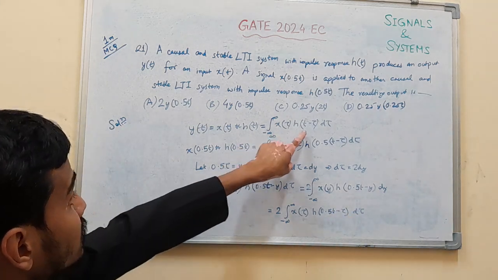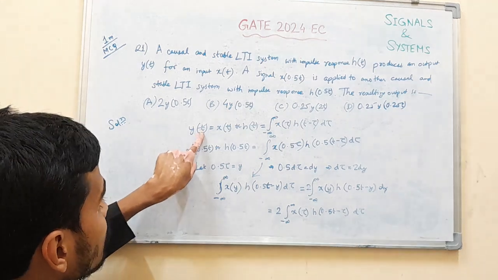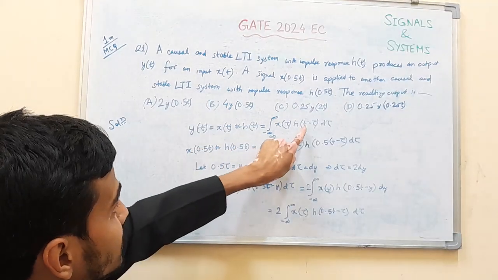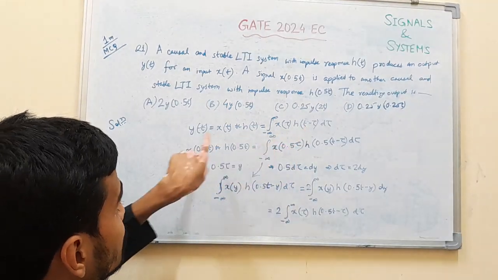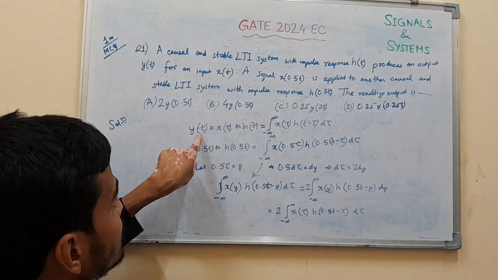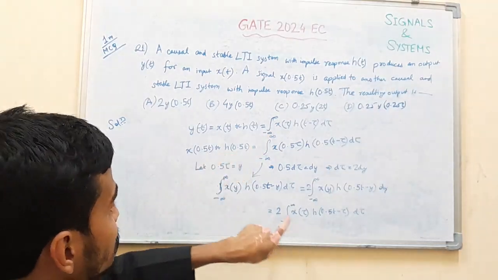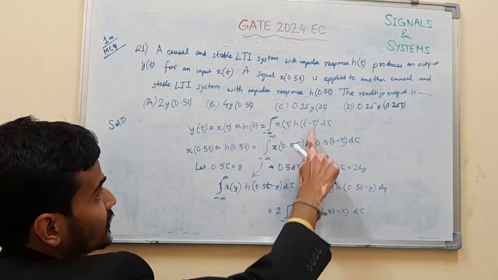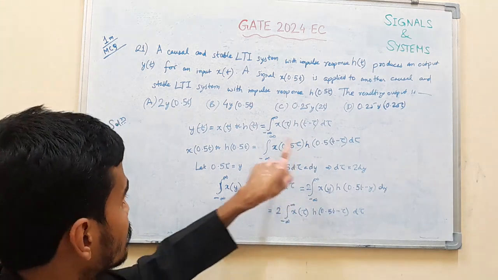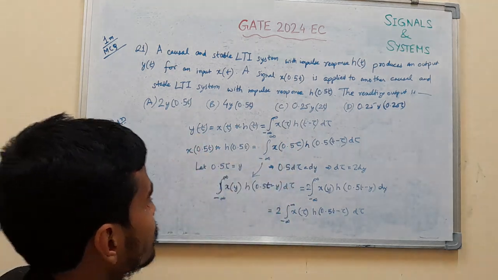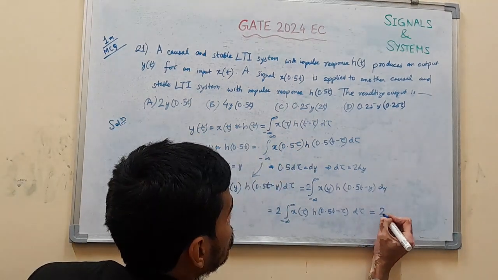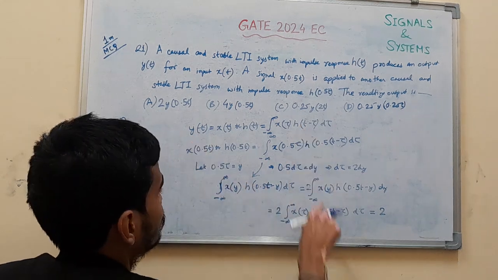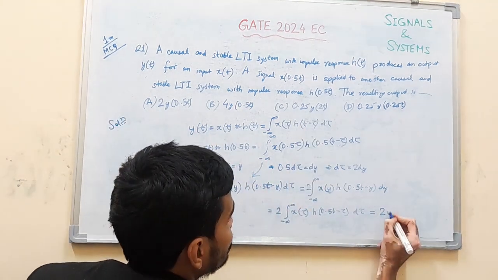Now if we put t here, this is a function of t. If we replace t with 0.5t, y will also be a function of 0.5t. So this is the same as the earlier one, only t is replaced by 0.5t. So y of t will be replaced by y of 0.5t, and this will simply be 2 times y of 0.5t.